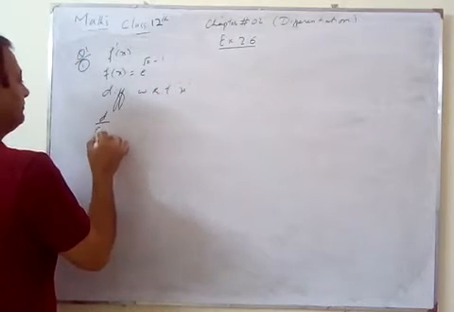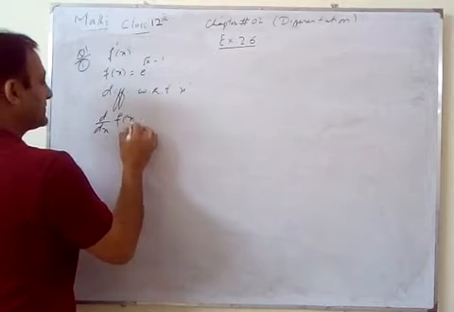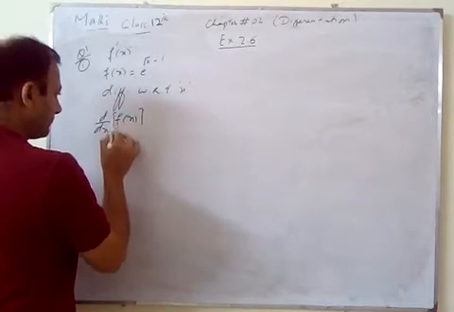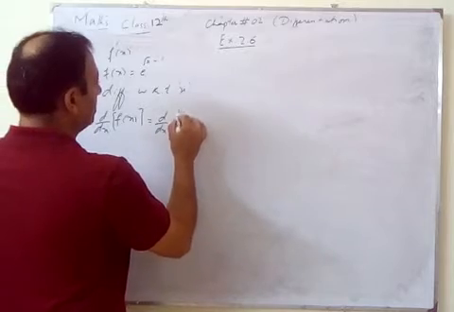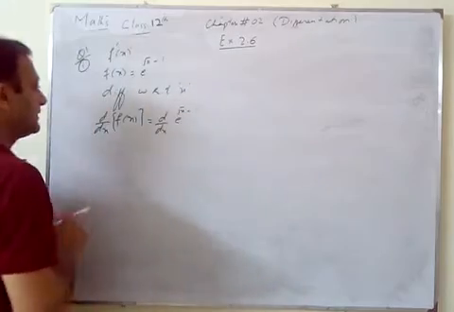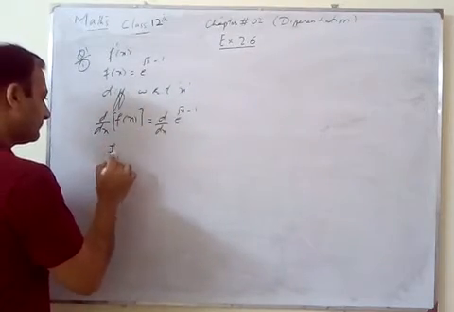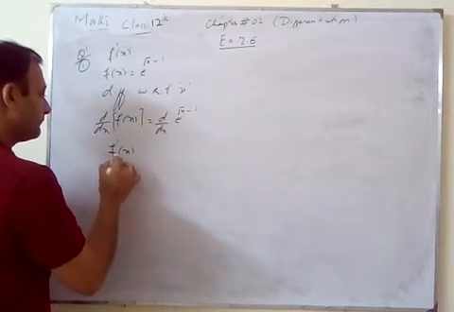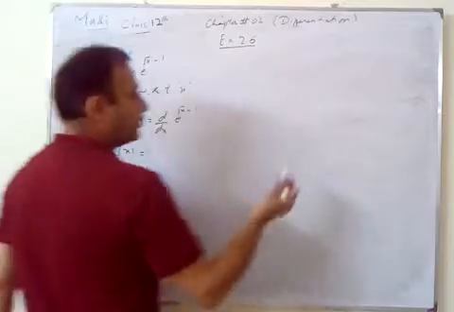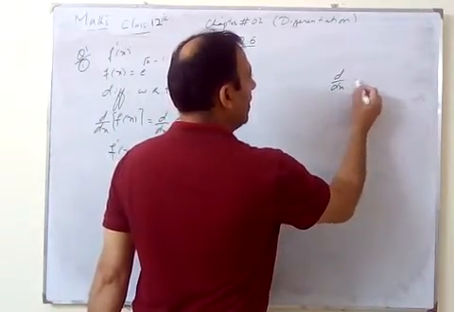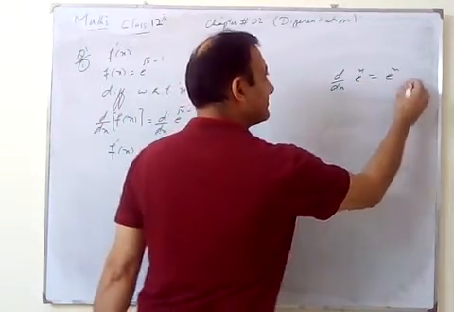So the derivative of f of x is equal to f prime of x. And as I told you, the derivative of e power x is e power x.